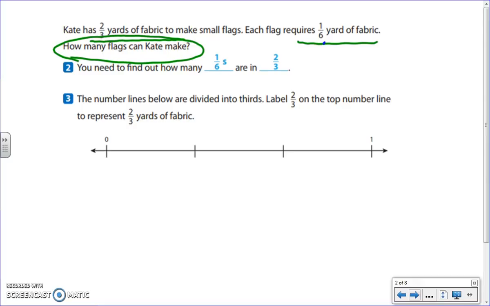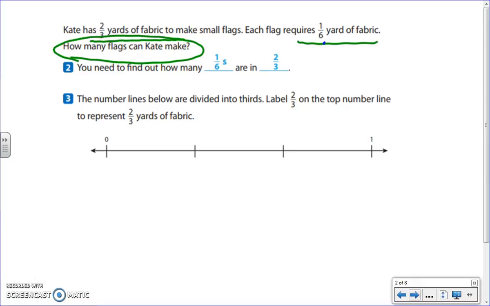Now, there's actually two number lines below, but I blocked out one of them because I have the answer on it. It says the number lines below are divided into thirds. Label 2/3 on the top number line to represent 2/3 yards of fabric. So this is a number line from 0 to 1, and it's chopped into 3 pieces. That can throw some students sometimes because there's 3 dashes and there's only the number 0 and 1 on there.